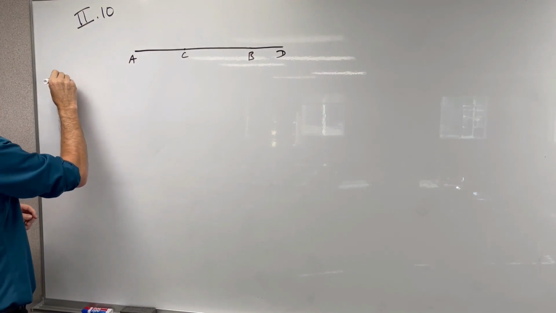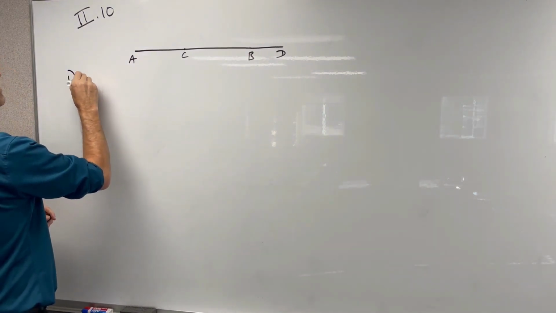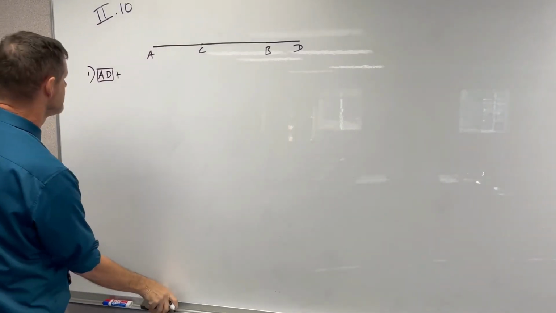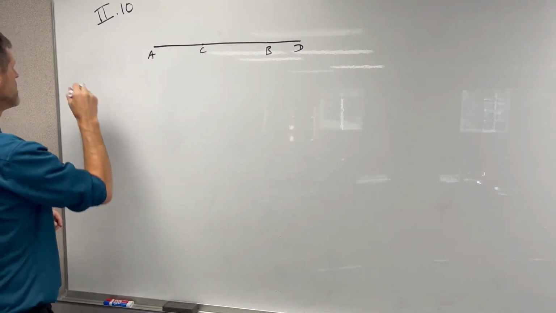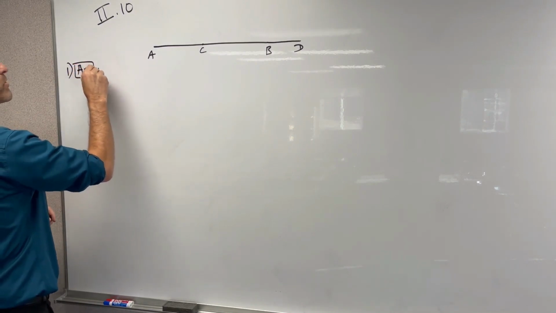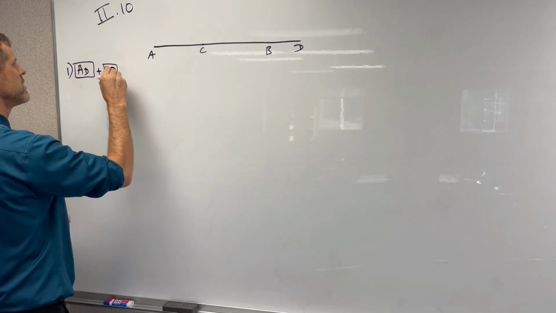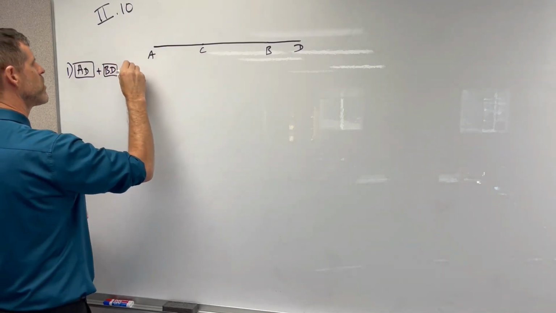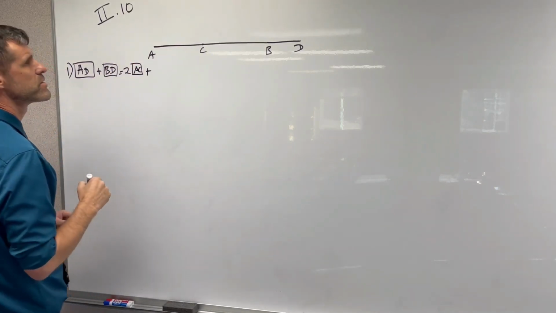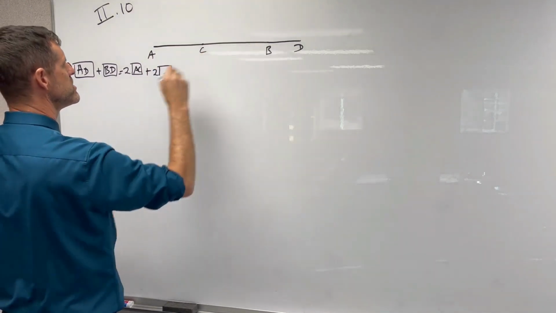And what we're going to say is that the square on AD plus the square on BD is equal to twice the square on AC plus twice the square on CD.